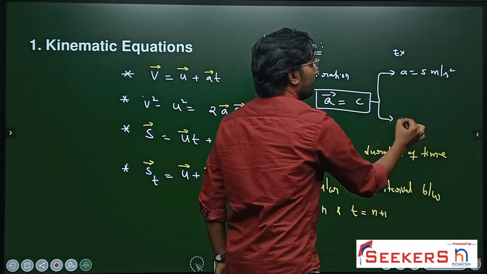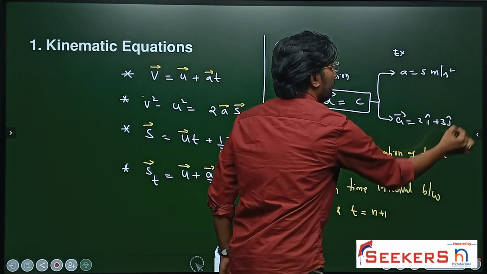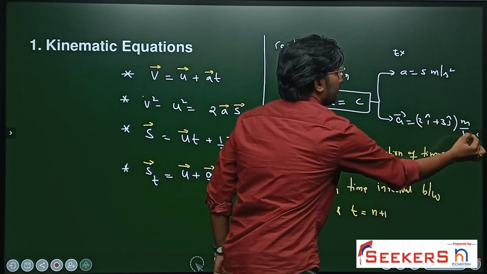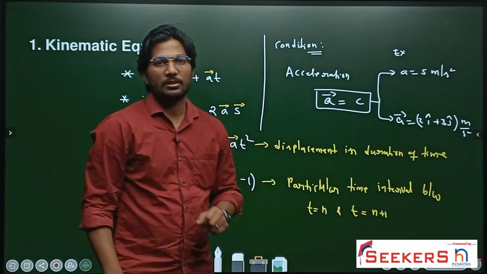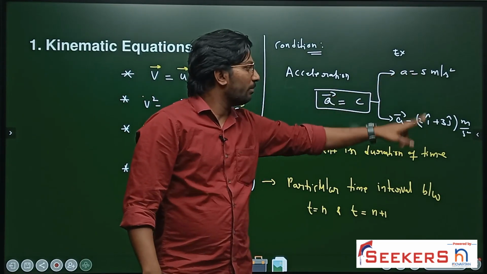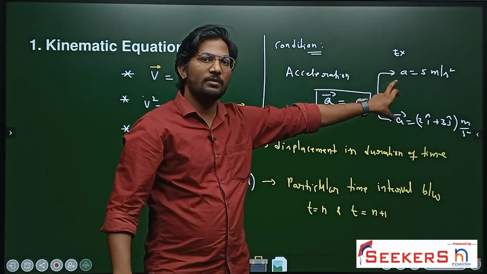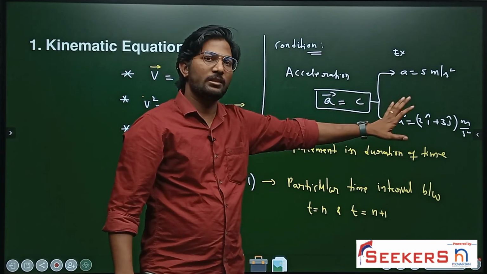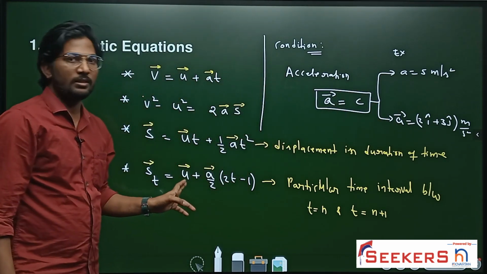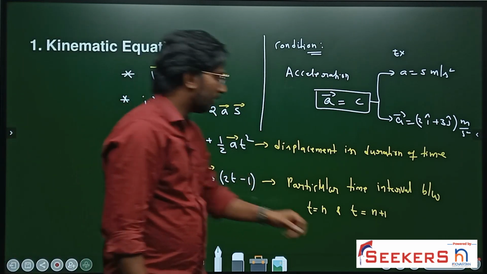In vector format, if it is given like 2i cap plus 3j cap meter per second square, that's also a constant acceleration. So it can be given in magnitude format, it can be given in vector format. In either way, if the value of the acceleration is constant, we can consider that the questions can be solved using the kinematic equations. So let's go to some previous year questions based on this part.